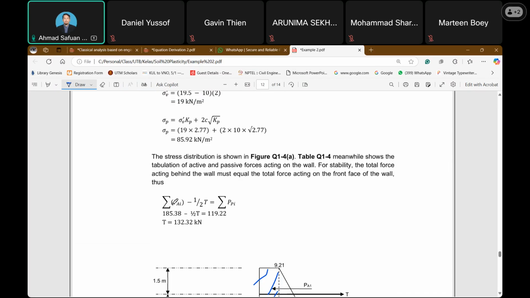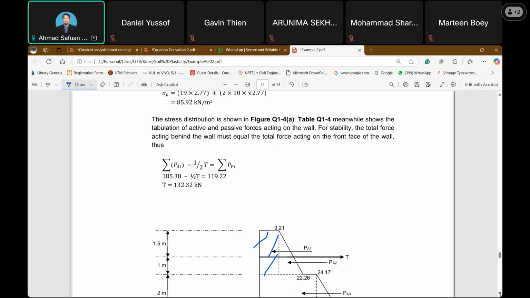I mean, the anchor spacing and the sheet pile capacity are related. So we need to consider the bending moment of the sheet pile, not only consider the spacing. The spacing shall influence the bending moment of the sheet pile.